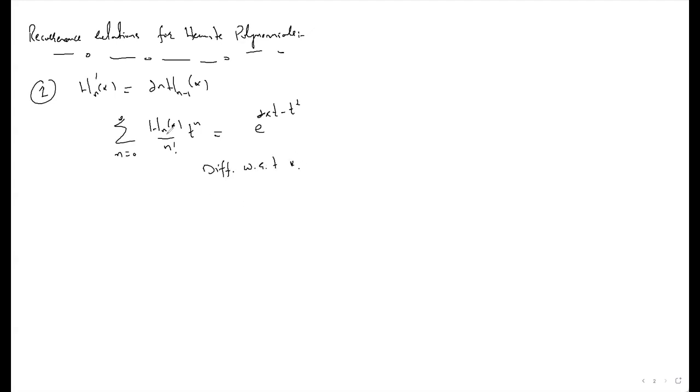When you are differentiating it with respect to x, this Hermite polynomial is a function of x. So you write summation n running from 0 to infinity, H_n prime of x divided by n factorial into t raised to power n, which is independent of x. Here it will be e raised to power 2xt minus t square into the differentiation of this term, that is 2t.